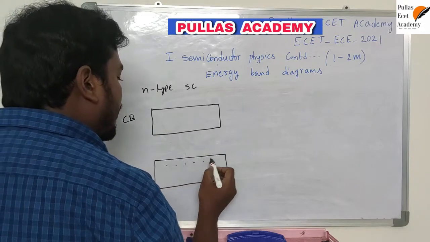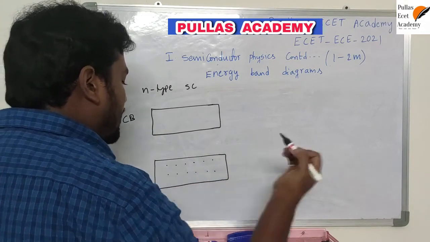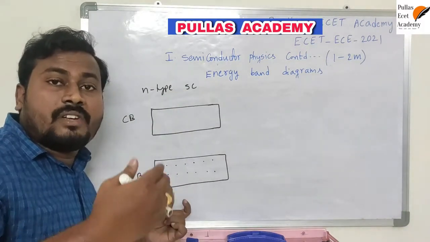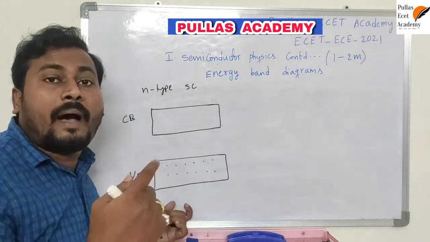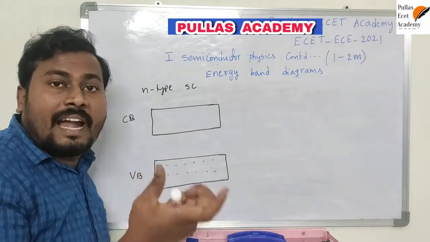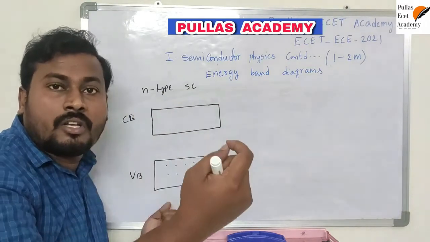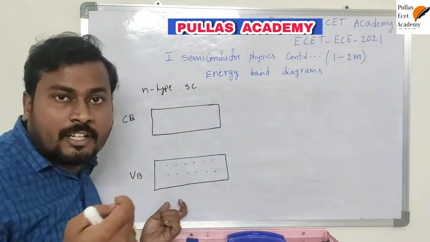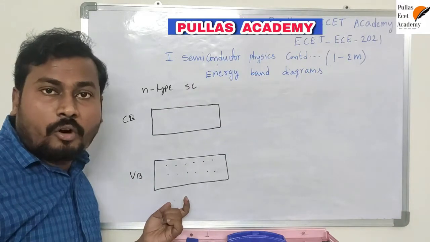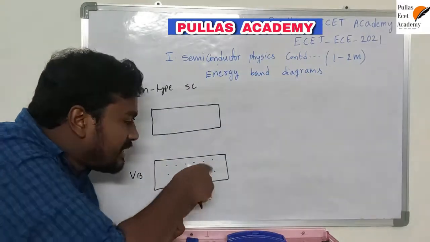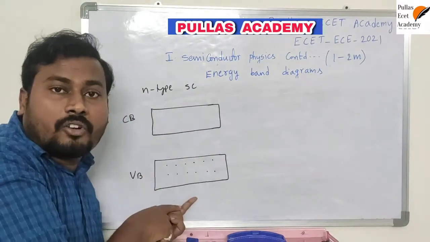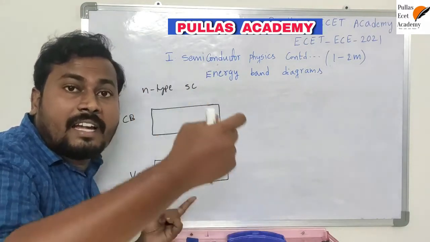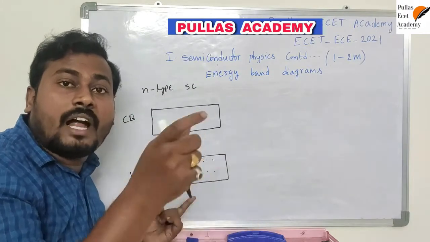So you have bounded electrons in the valency band. In N-type semiconductor, we have seen that we are adding an impurity atom called phosphorus atom. Phosphorus atom has 5 valency electrons, in which 4 are participating in covalent bonds. All 4 electrons will be staying here. There is a 5th electron which is ready to become free, and it becomes free at T equal to 100 Kelvin.